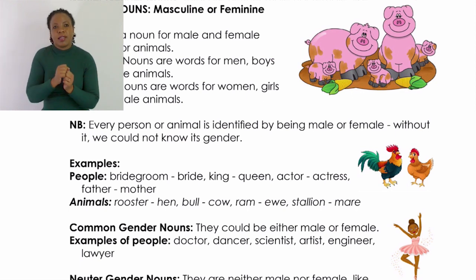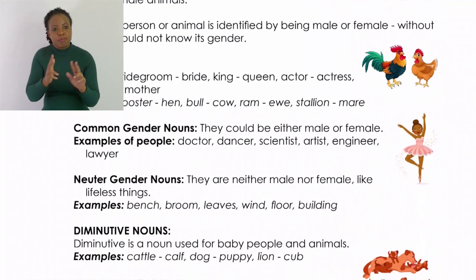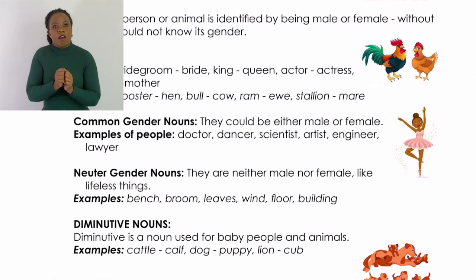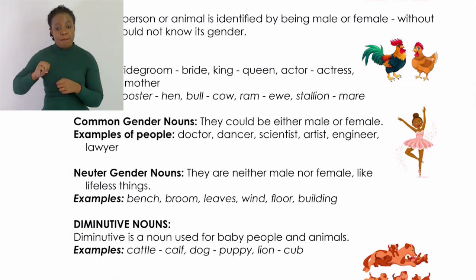Every person or animal is identified by being male or female. Without it, we could not know its gender. I would like to give you examples of what we are talking about. Let's start with the bridegroom. Bridegroom is the masculine.